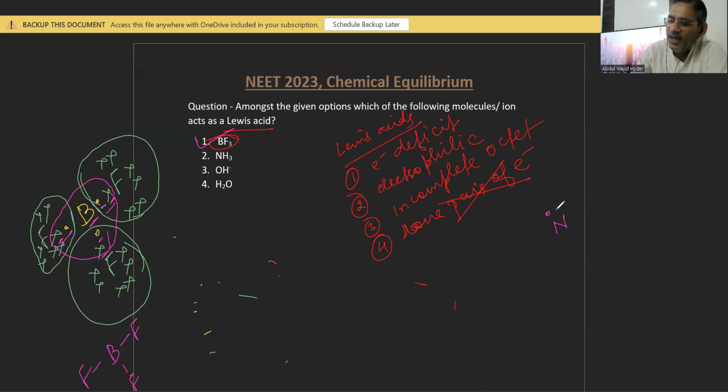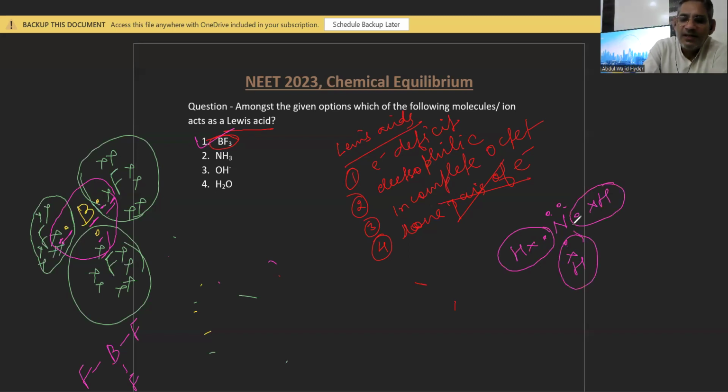See NH3. NH3 is having 5 electrons, out of which 1 lone pair and 3 unpaired electrons will be there. 3 hydrogen atoms, each having 1 unpaired electron, will overlap these 3 unpaired electrons of nitrogen. In this way, all the 3 unpaired electrons of nitrogen, as well as hydrogen, will get paired.